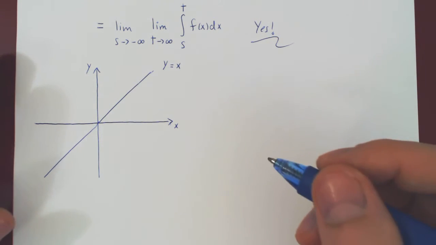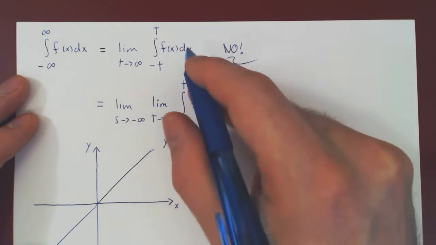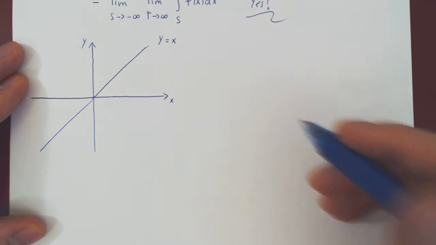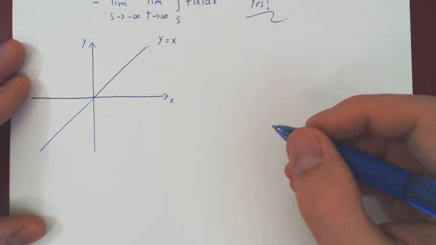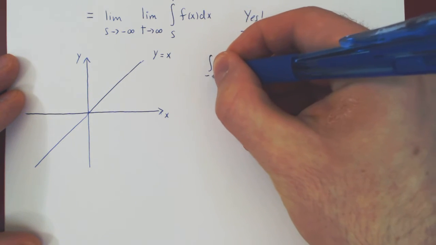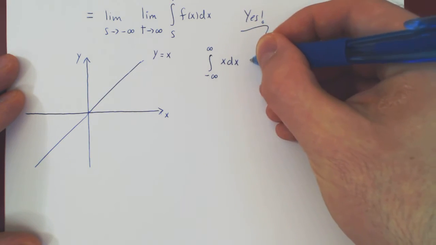And now, let's look at our first naive definition and see why it is indeed a naive definition. So we say, okay, well, we would try to make sense of the improper integral from negative infinity to positive infinity of x dx.